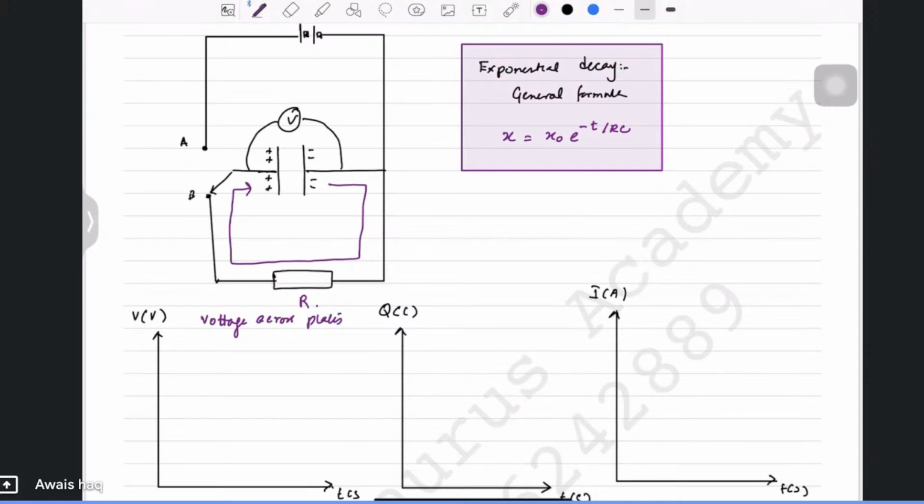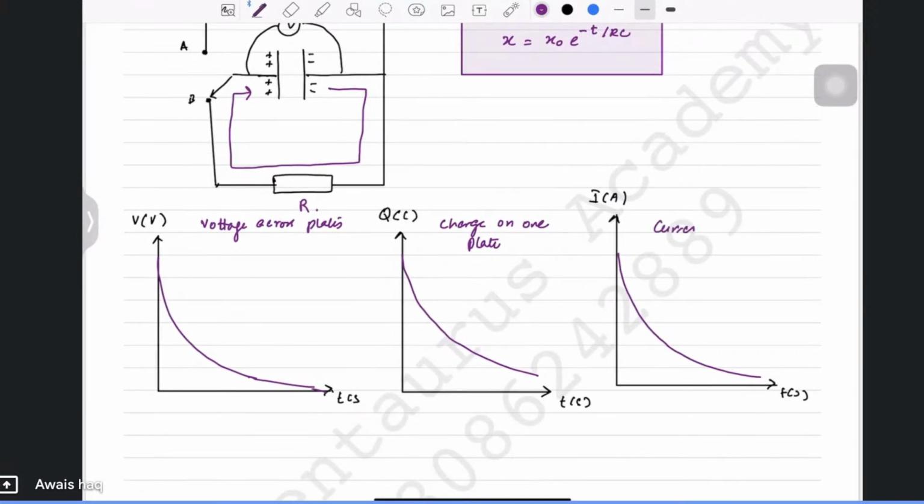As the capacitor is discharging, the voltage across the plates decreases like this, and the charge on one plate also decreases, and the current initially is very high because the potential is higher, but slowly current goes to 0 because you have given away the energy. So all of them decrease exponentially.